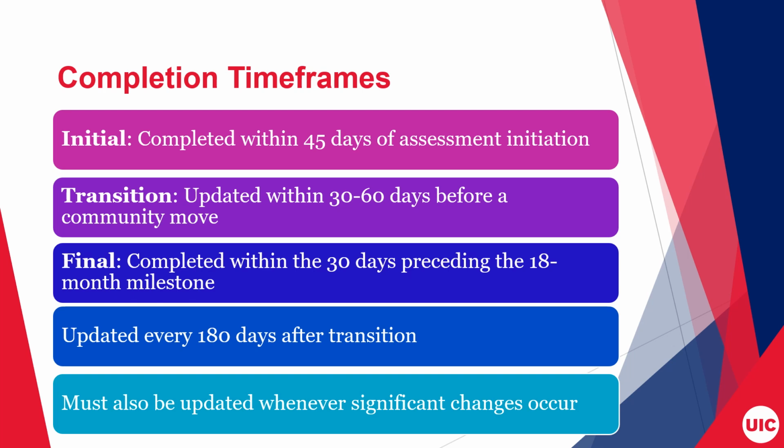All community moves must have an updated service plan finalized within 30 to 60 days before a community move. This plan is referred to as the transition plan. This time frame has been updated in FY24 to allow case reviews to include information from the transition service plan.